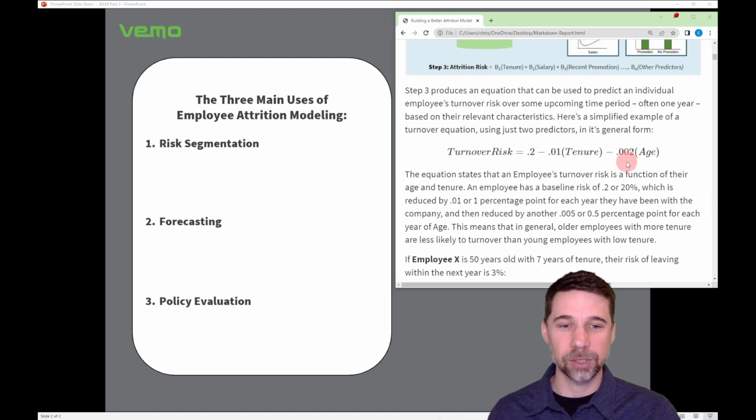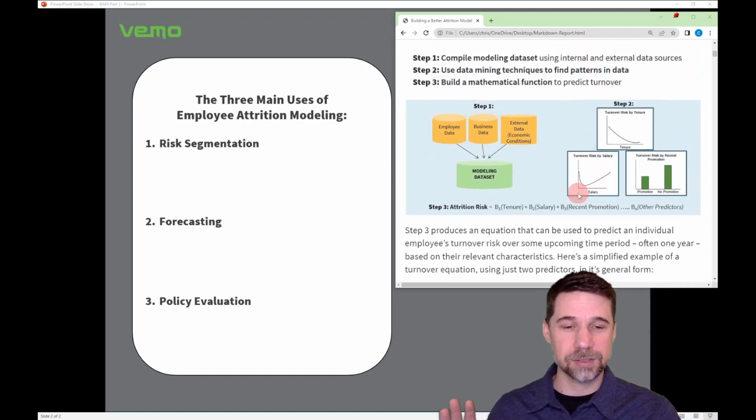At the very beginning, we looked at this simplified model with just two factors, tenure and age. And then when we reviewed the build process, we saw an example of a model with three factors, tenure, salary, and whether the employee had had a recent promotion, along with this indication that we could include as many factors as we desired in this model.